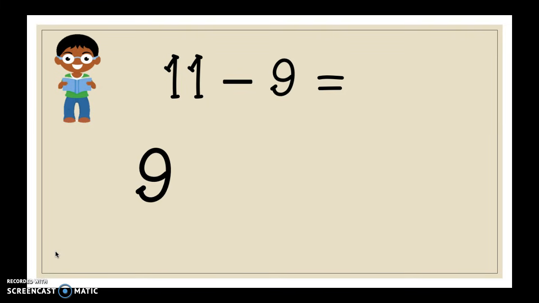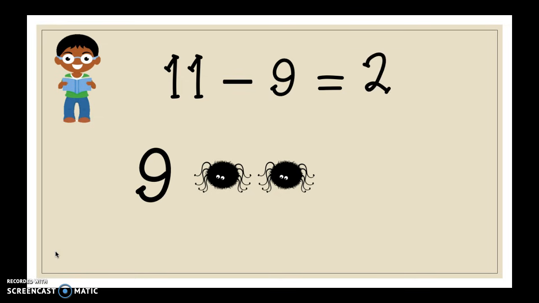So he said 9, and then he drew little circles, in this case spiders, until he got to 11, and then he stopped. 9, 10, 11. Stop. Okay, good. Now, all Sid has to do is count the 2 spiders that he drew. 9, 10, 11. So he had to draw 1, 2. 2 spiders. That means that 11 minus 9 equals 2.